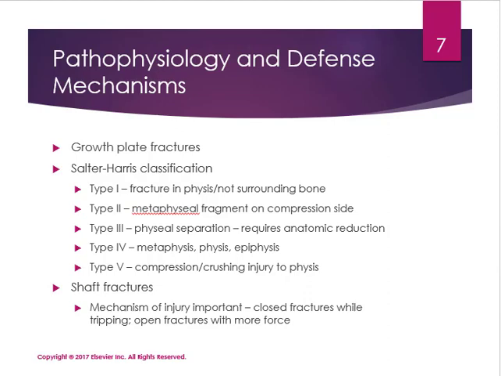There are also shaft fractures, and it's important to know how the mechanism of injury occurred. Closed pediatric fractures are largely caused by low energy activities and play, and open fractures are generally caused by more force.